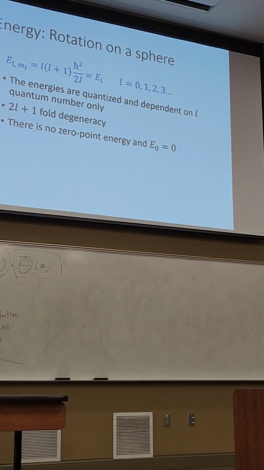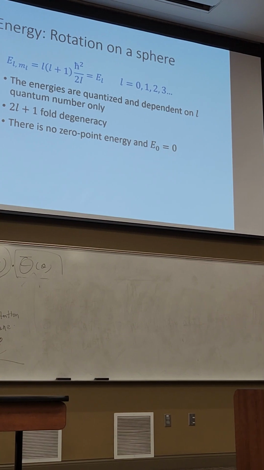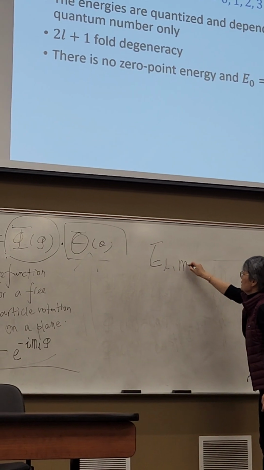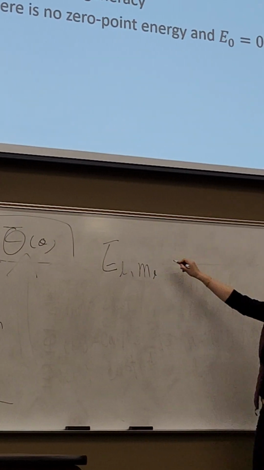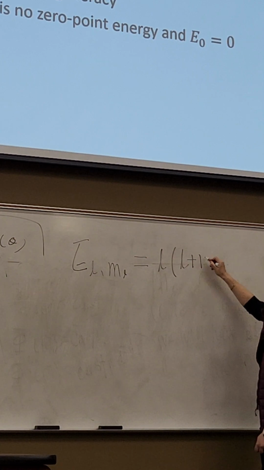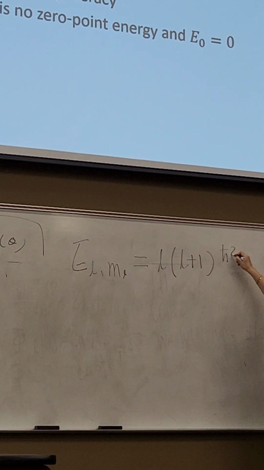Because the wave function was indicated by two quantum numbers, the energy will have L, M sub L, and it equals L, that's a quantum number, L plus 1, times H bar squared over 2I. All right. So this is the solution for the energy for the rotation on the sphere.